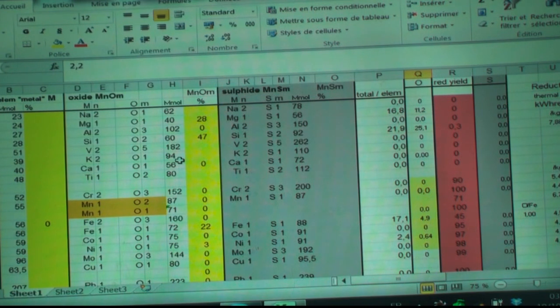I showed you on one slide in my presentation that in case of ferronickel, the ore is always poor in nickel, but nevertheless you may have differences, and you may remember the slag composition can be very different due to different ore types.